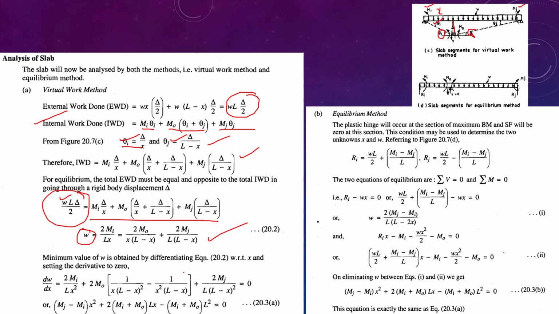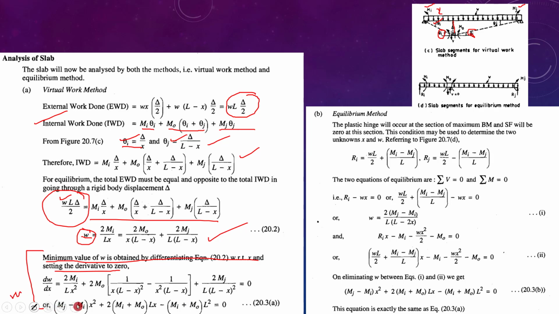We need to find the minimum value of the collapse load, because we are going to design, and the lowest value will be the prominent one. So here involves the mathematical part, which we said is required for the virtual work method. We differentiate the load with respect to x to solve the equation and find the equations for the lowest W value.